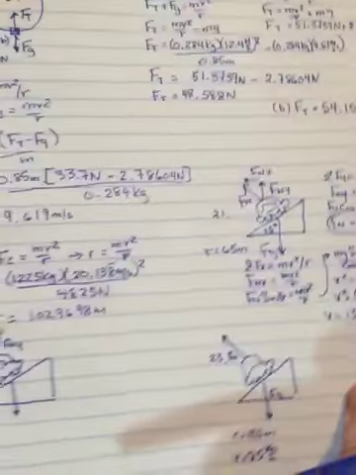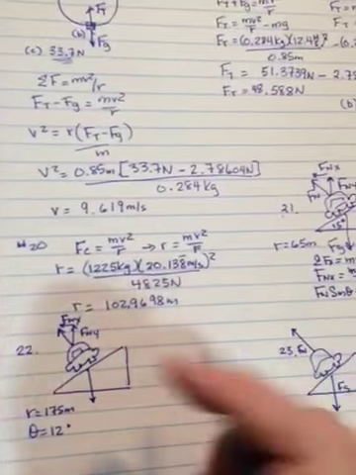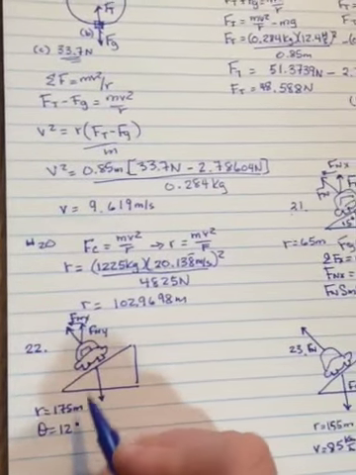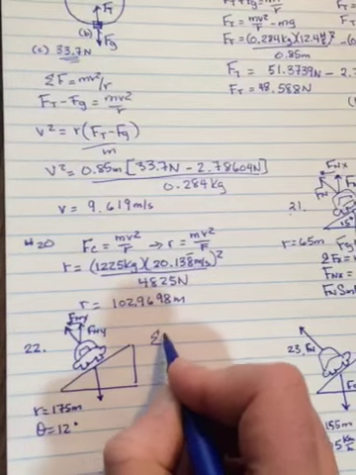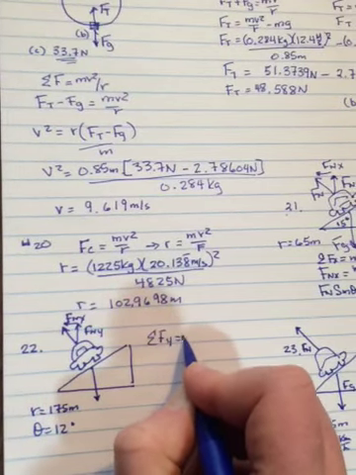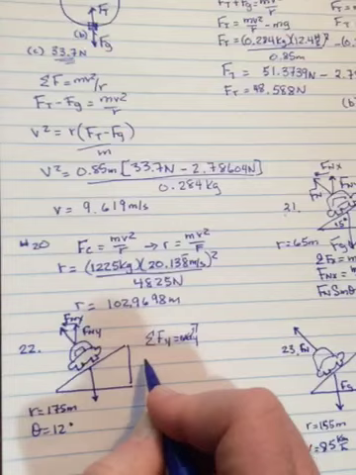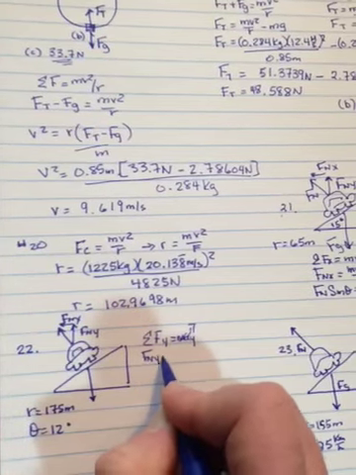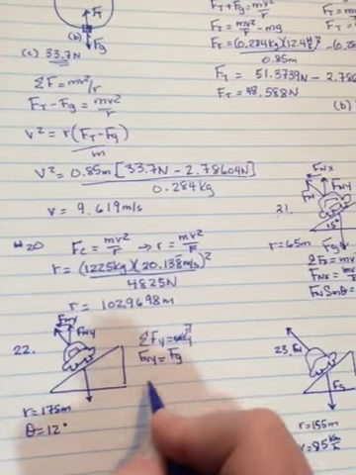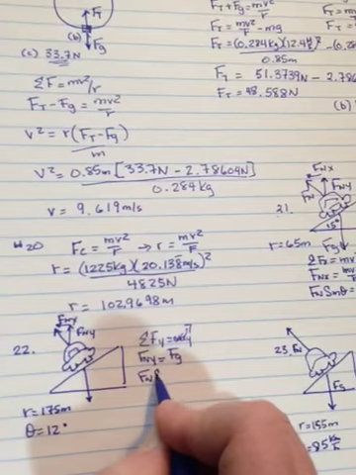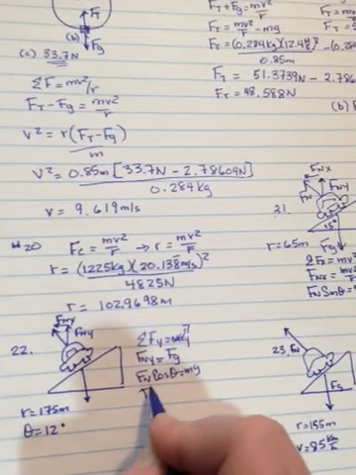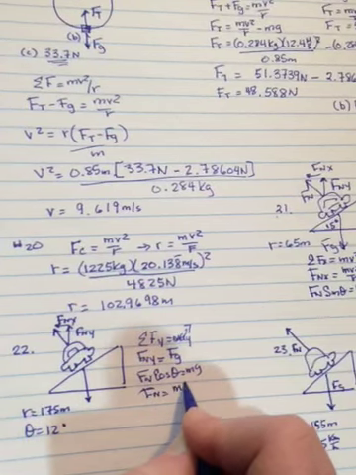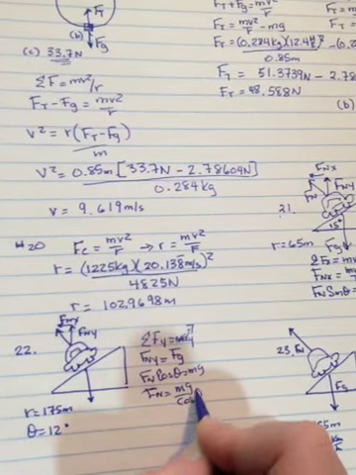All right, number 22 is the identical question, except the r and the theta are different. So again, the sum of the forces in the y will equal ma_y, so you'll end up with F_ny equal to F_g, so F_n cos theta equals mg, F_n equals mg over cos theta.